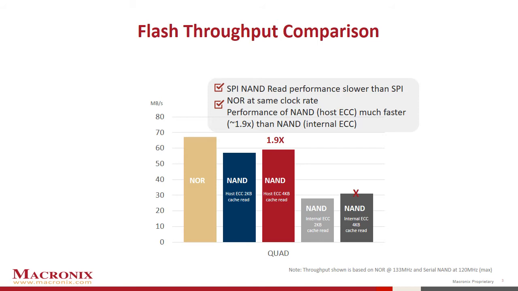That is, the NAND device calculates the ECC before reading the data. This NAND architecture is the slowest, achieving roughly 27 megabytes per second, or 60% lower than NOR. However, if the ECC calculation is performed by a host, the read speed can increase to 56 megabytes per second, which is very similar to the NOR flash read performance.